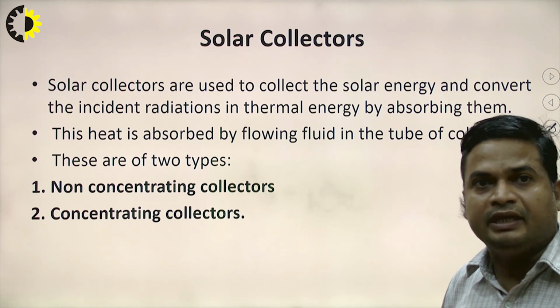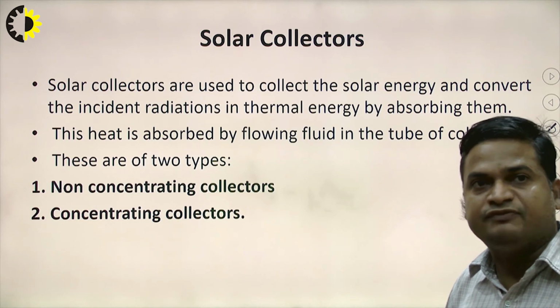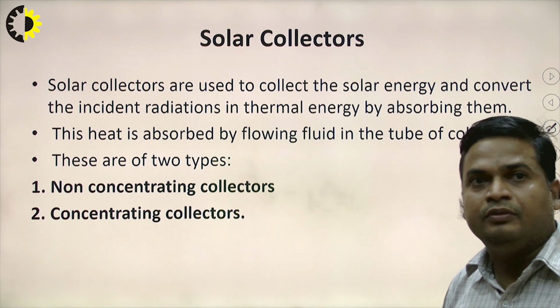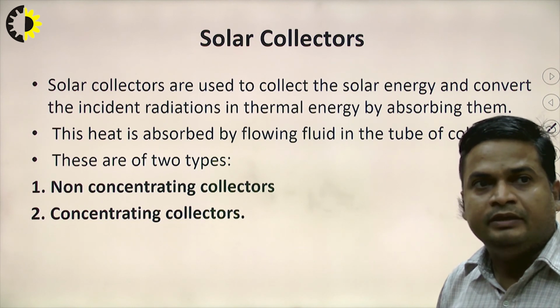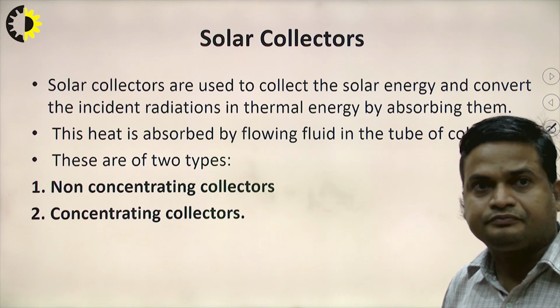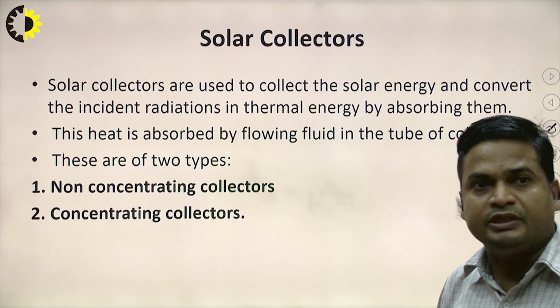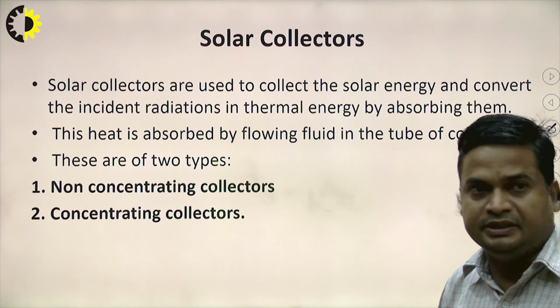That means they collect the solar energy, absorb it and then transfer this energy to some working fluid. This heat is absorbed by the fluid flowing in the tubes of the collector. There are two types of collectors, one is non-concentrating collectors and the second is concentrating collectors.